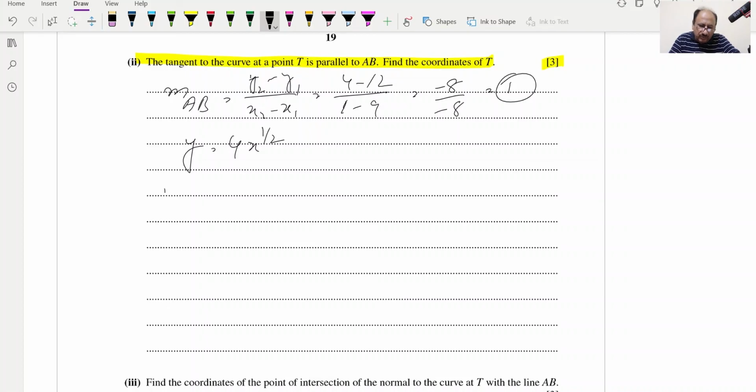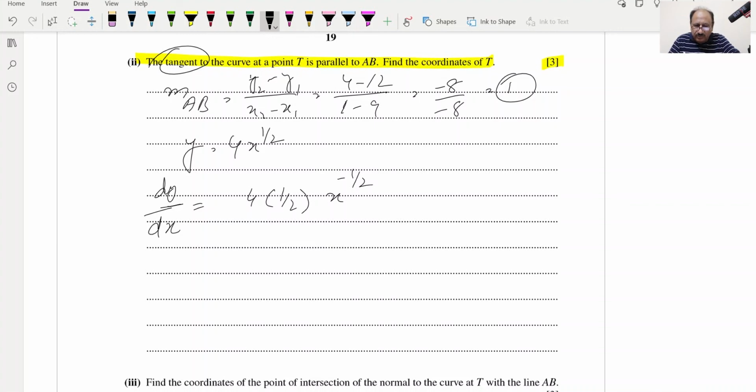This is the equation given, and we can find dy by dx and for the tangent basically. So this will be equal to 4 and 1 by 2 we can pull first. So x raised by minus 1 by 2, and derivative of x is 1. So we can find tangent at 1, and basically tangent is equal to 1.